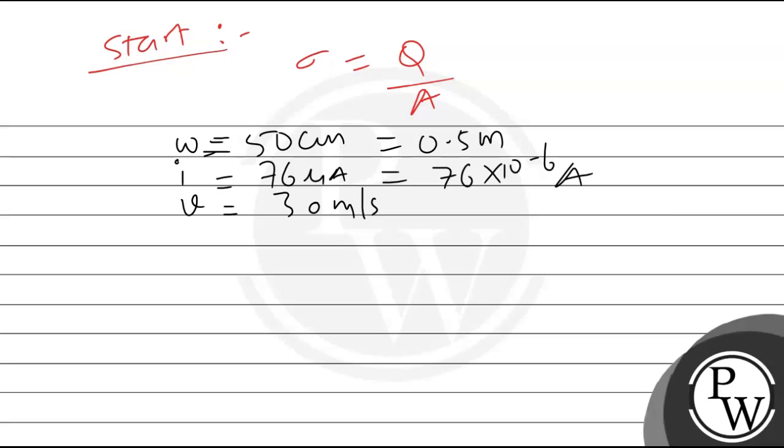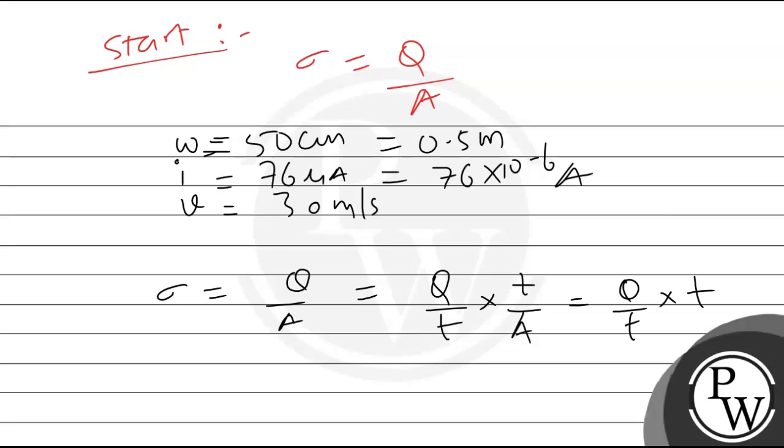Let us write the formula of the surface charge density, sigma equal to Q by A. If we multiply numerator and denominator by time t, Q upon T into T upon A. Here A can be written as width into the length of the belt.